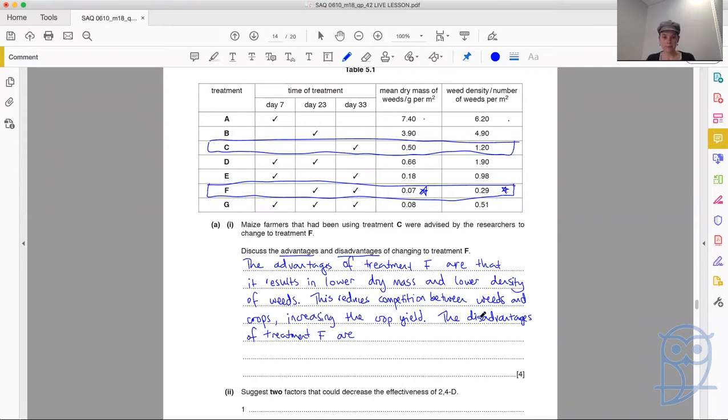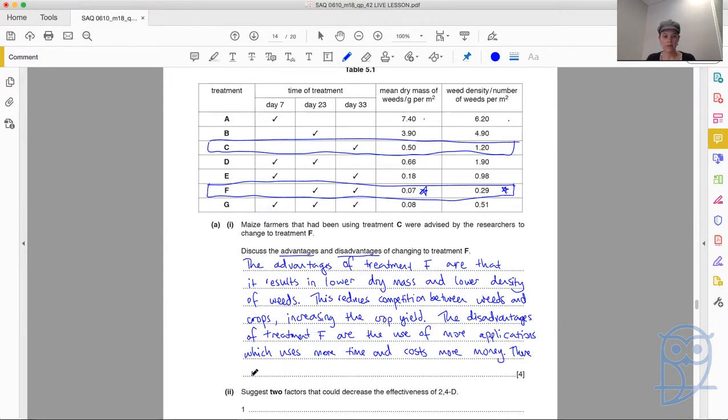So the use of more treatments, more applications, uses more time and costs more money.